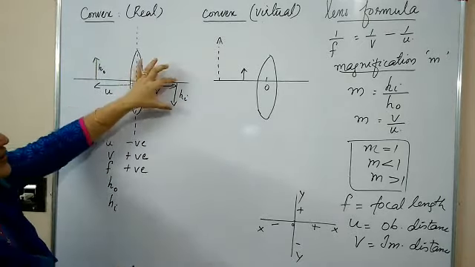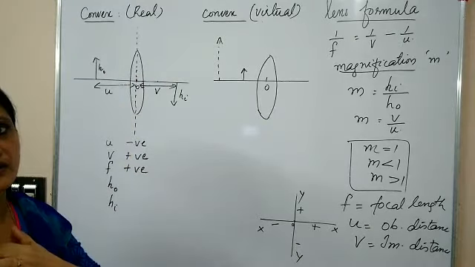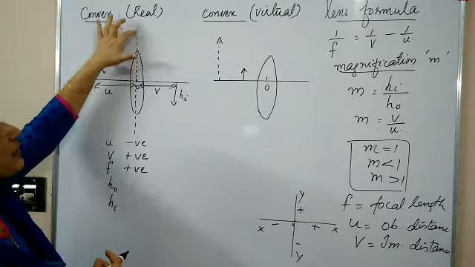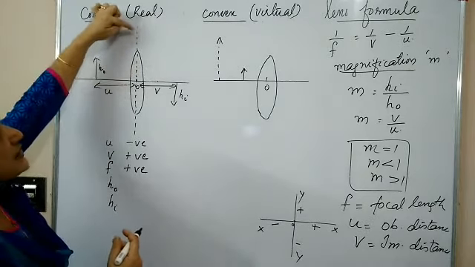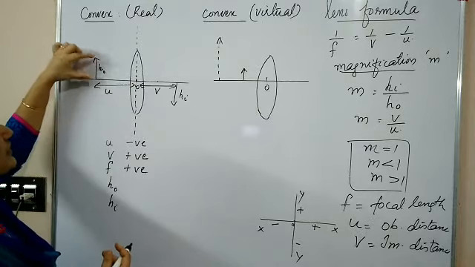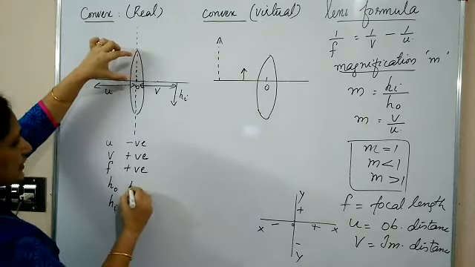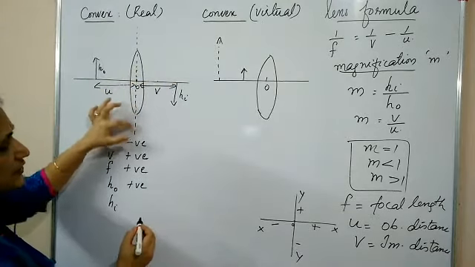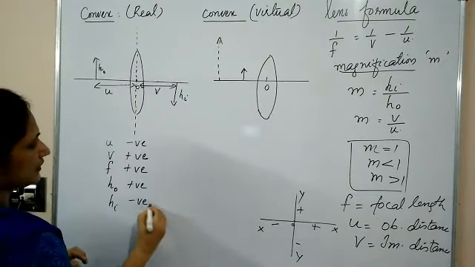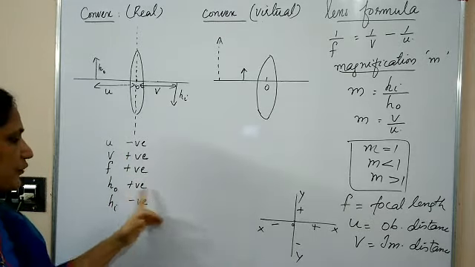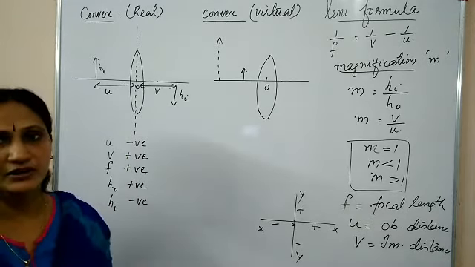The height of the object and the height of the image are vertical distances, so their sign is to be taken from the y-axis. You know, on the y-axis, here it is positive, here it is negative. So the height of the object comes on the positive side. The height of the image comes on the negative y-axis.